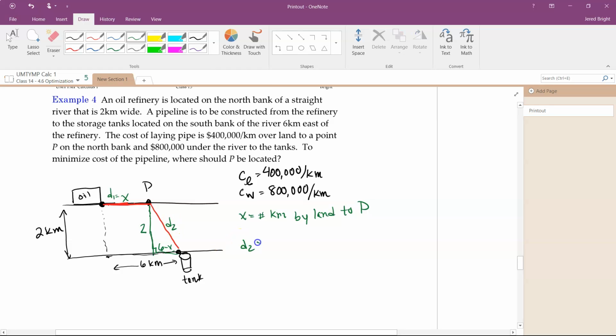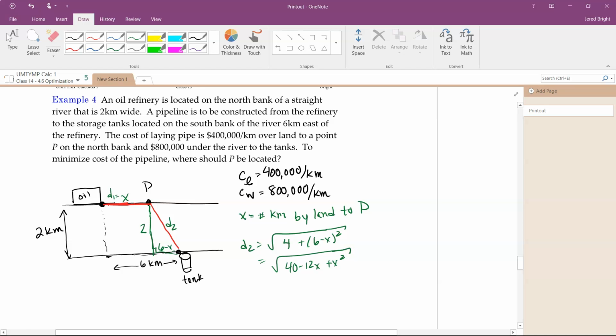D2 is going to be the square root of 4 plus (6 minus x) all squared. Simplifying that, that would give me the square root of 40 minus 12x plus x squared.